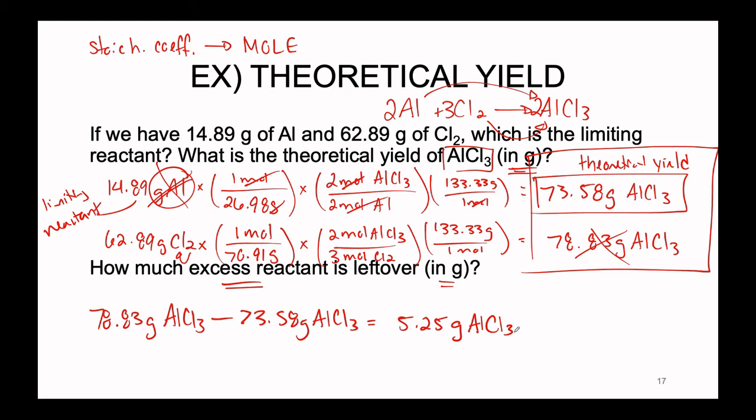Now what we're going to do is use this value of the aluminum chloride and calculate backwards how much chlorine must be left over, how much excess chlorine is hanging out that cannot be used up to make an extra 5.25 grams of aluminum chloride.